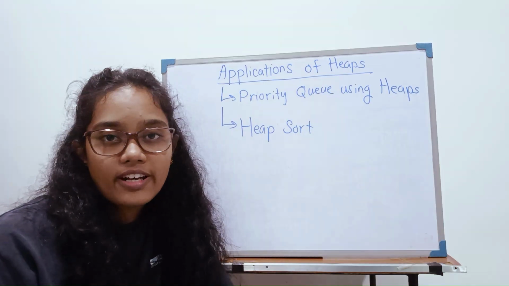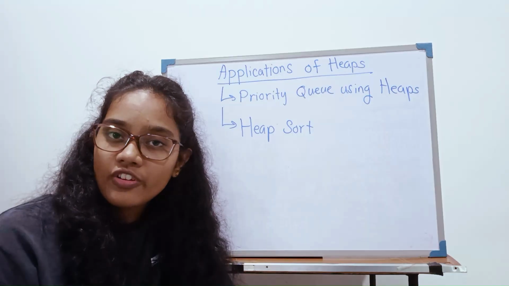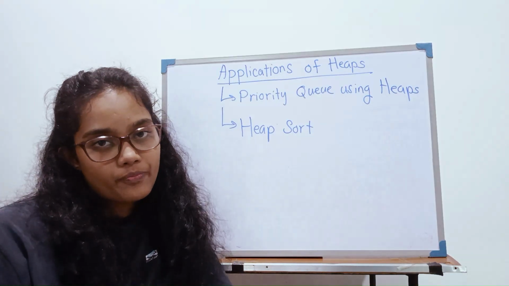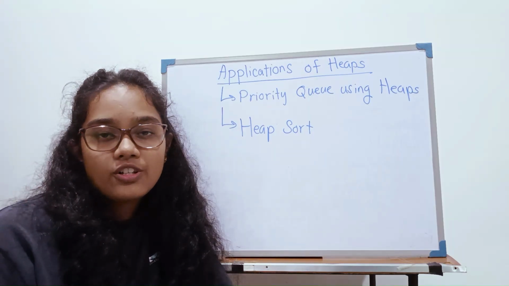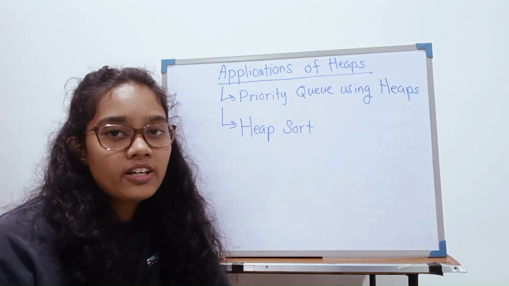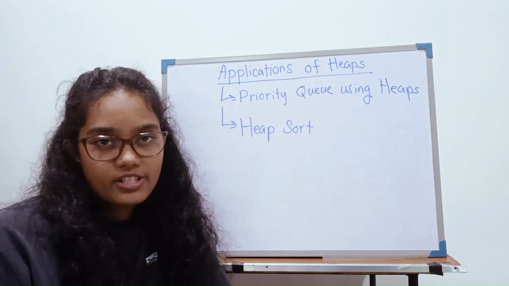Okay, now let's look at the applications of heaps. One of the applications of heaps is priority queues, and another one is heap sort. So first, let's look at the priority queues. As we already know, priority queues serve the element with the highest or the lowest priority first.